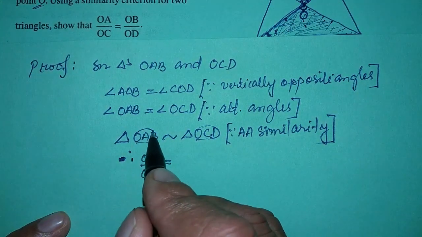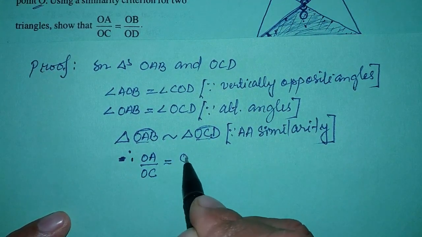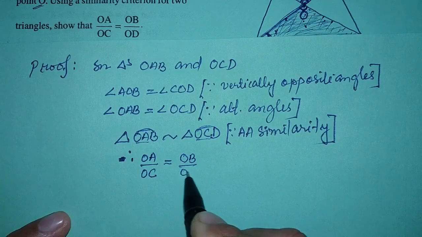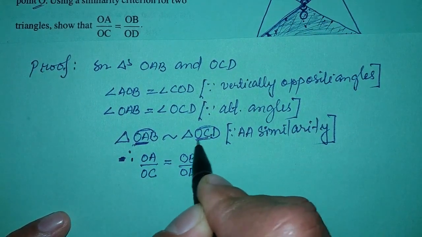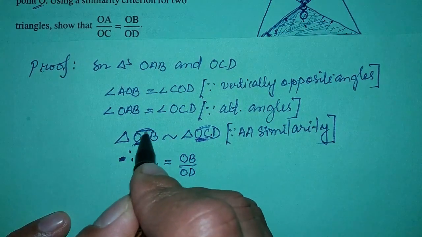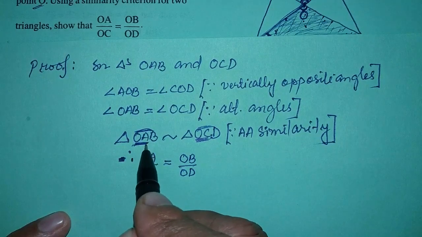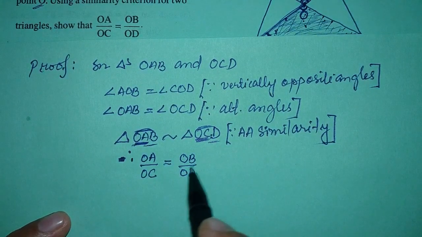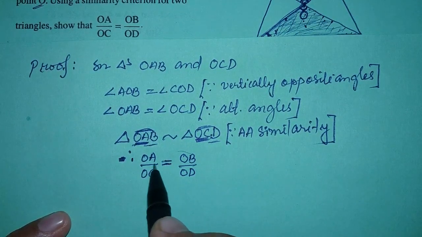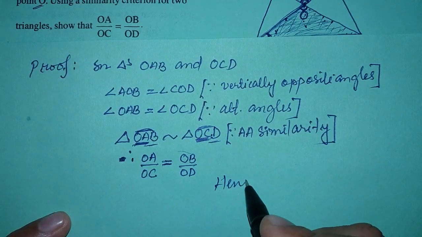So here OB and OD. So OB by OD. The corresponding part of OA is OC, and the corresponding part of OB is OD. And if you have to write the corresponding part of AB, then it will be CD. So this is what we needed to prove here. OA by OC is equal to OB by OD. So this is a very simple question.